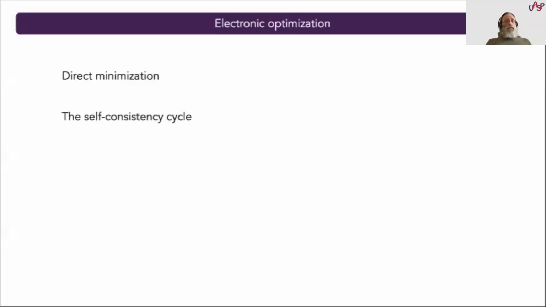So as I mentioned before, there are two categories of methods of electronic optimization implemented in VASP. The first category is the category of the direct minimizers, and the second category is the methods that are the self-consistency cycle.